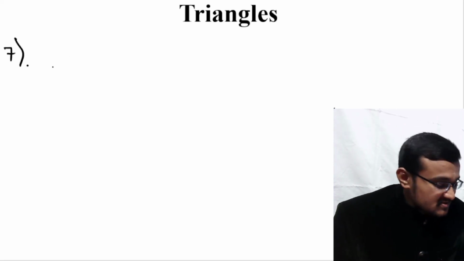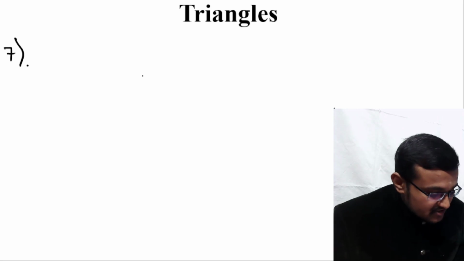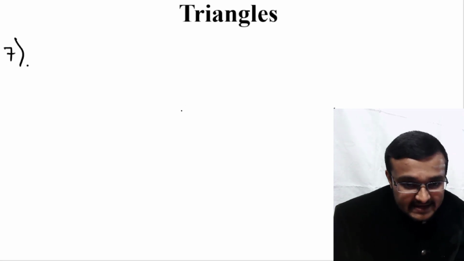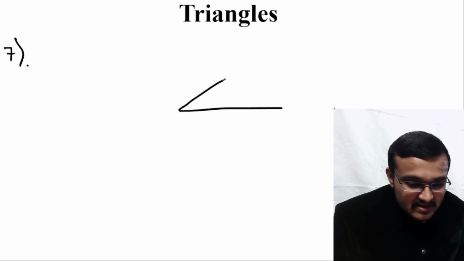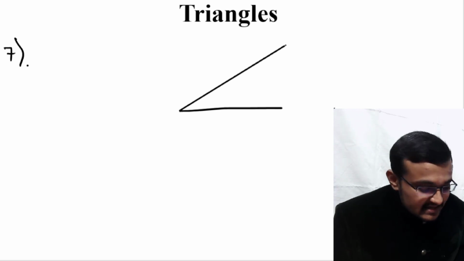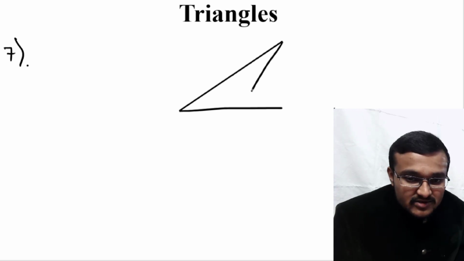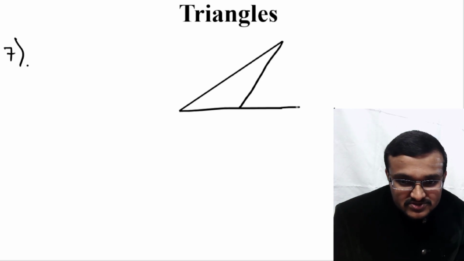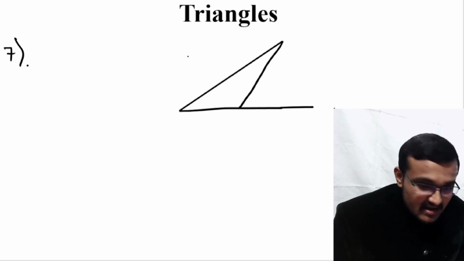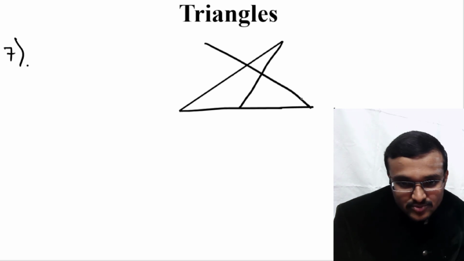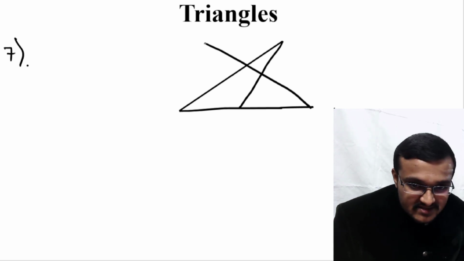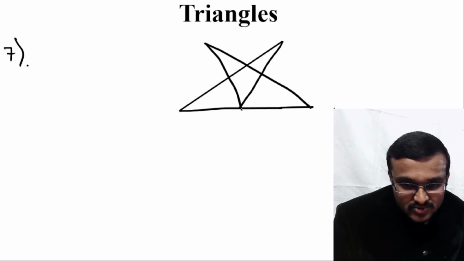Now we will look into the seventh question. In the seventh question we have one diagram. There is one straight line like this, and there is one line like this, and there is one more line like this. This is a little bit far away, and here we have one more line for this particular point, and this is connected to this point.